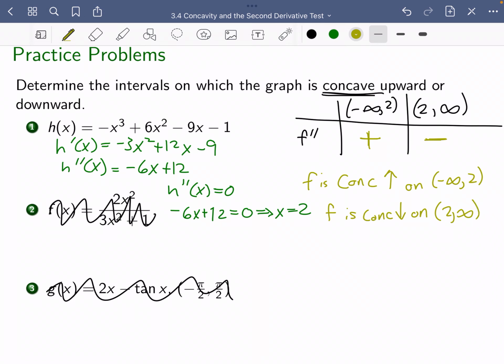If we were to plug 2 into the original function, 2 comma h of 2, we would get negative 3 as an output. This is an inflection point.